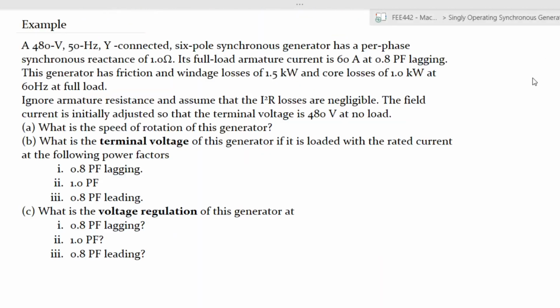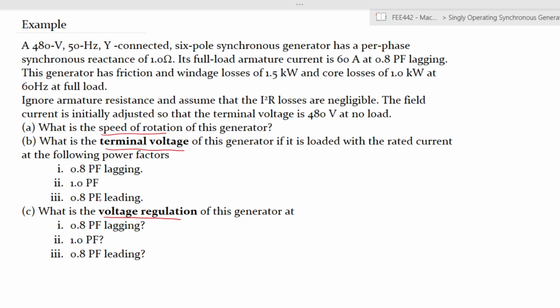So let's work with an example here. So we have a 480 volt, 50 hertz star connected 6-pole synchronous generator, and it has all those characteristics, right? And we want to look at a number of things: speed of rotation, terminal voltage, and voltage regulation at various types of loads: lagging, unity, and leading.